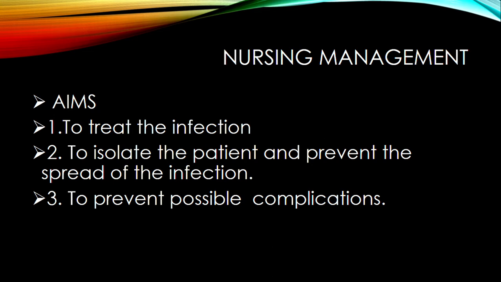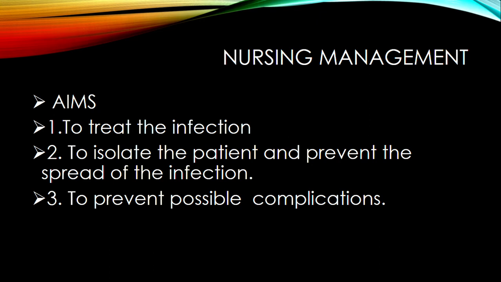So our aims are as follows: one, to treat the infection. Second, we want to isolate the patient and prevent the spread of the infection. Third, we want to prevent possible complications such as intestinal perforations.